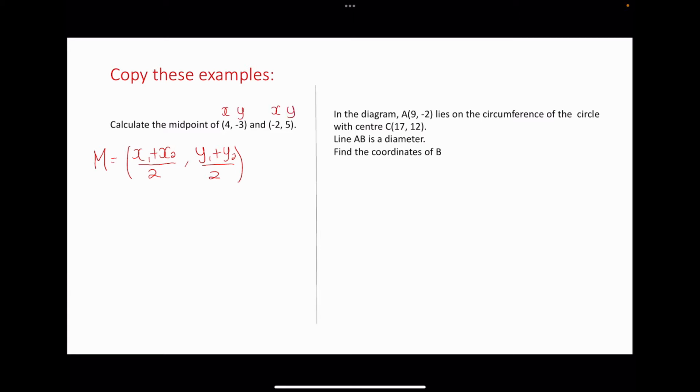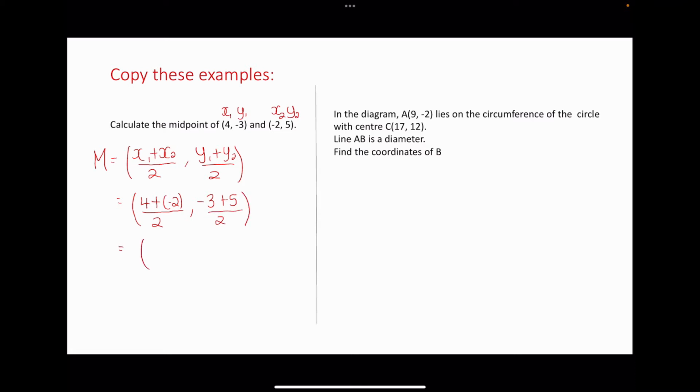It doesn't matter which set you call set 1, so I'm going to call this set 1 and this set 2. So I'm doing x1 plus x2, x1 is 4, plus x2, which is negative 2, divided by 2. y1 is negative 3 plus y2, which is 5, and I'm dividing that by 2 as well.